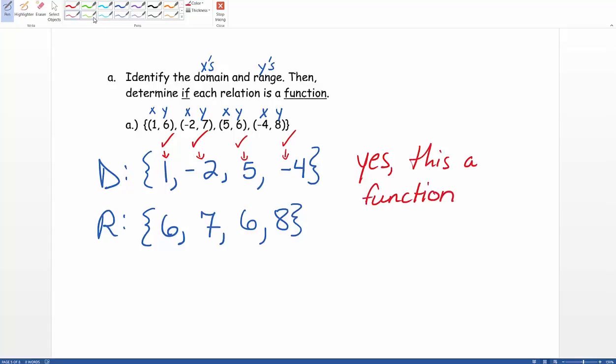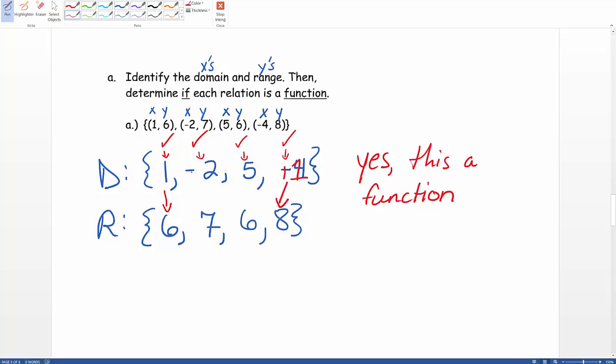Now, you might be asking yourself, what would happen though if we did have a repeating value? So for example, instead of this 5, actually we'll go with this -4. If this -4 were instead +1, well, notice then how we have 1 being up here, and it's going to 6, but then the same x value, 1, would be going to 8.